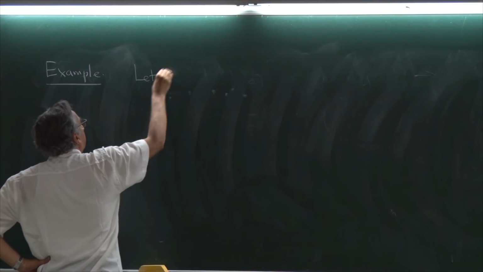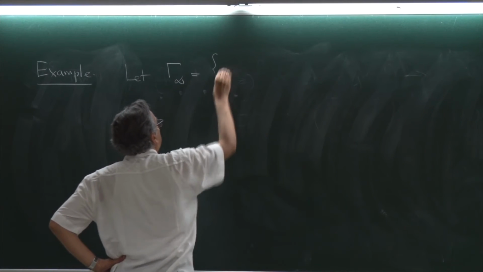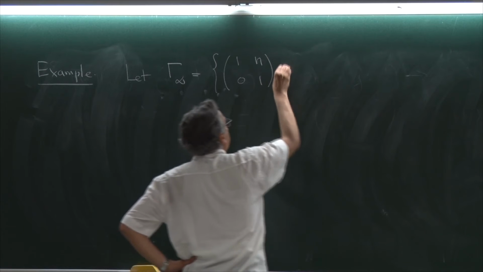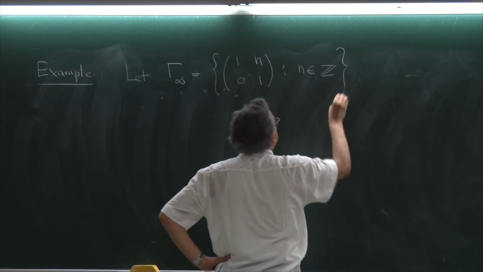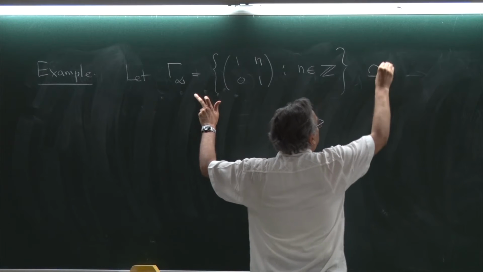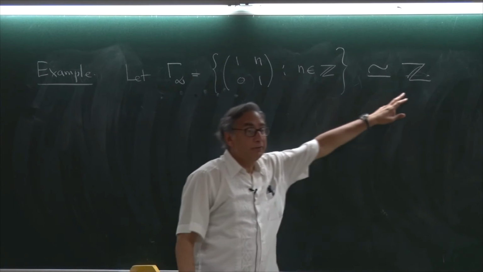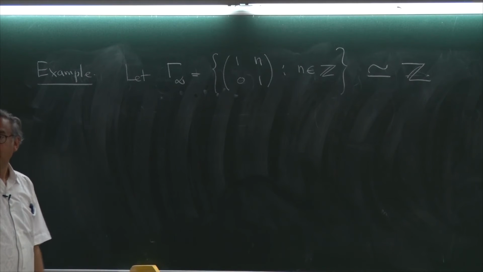Let gamma infinity be the collection of matrices of this type. Well, this gamma infinity is, of course, isomorphic to Z. You take an integer n, you map it to this matrix, and so the matrix multiplication, everything tallies.